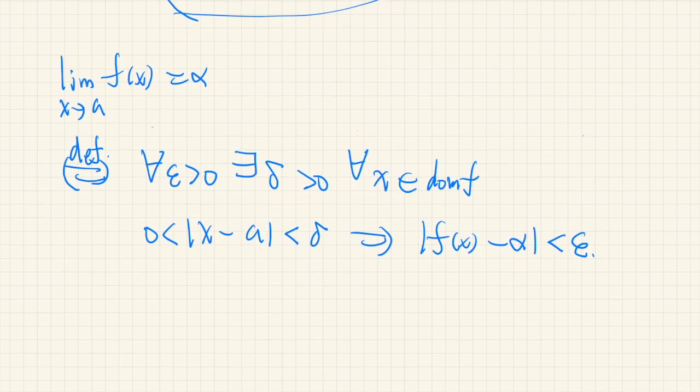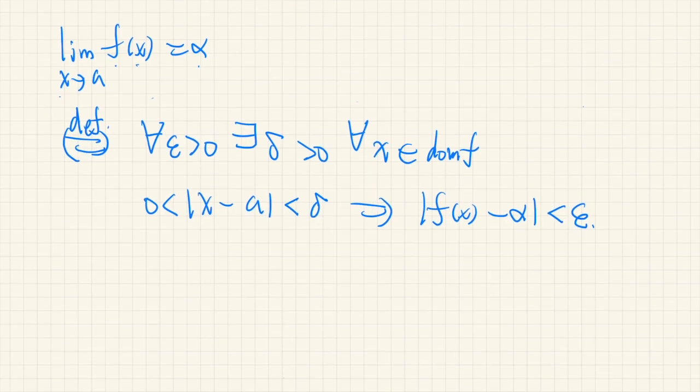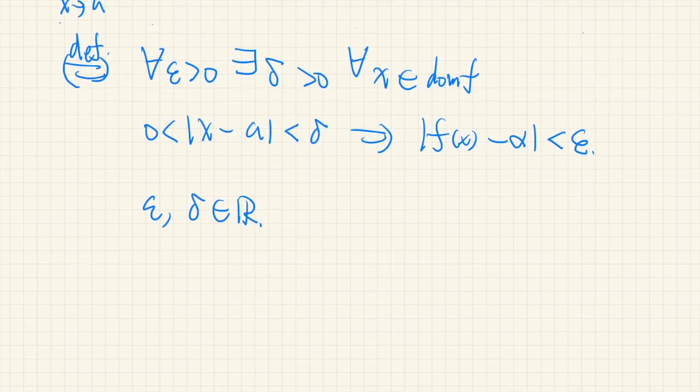If this holds, then we say the limit of f of x is alpha as x approaches a. In this definition, we implicitly assume that epsilon and delta are both positive real numbers.